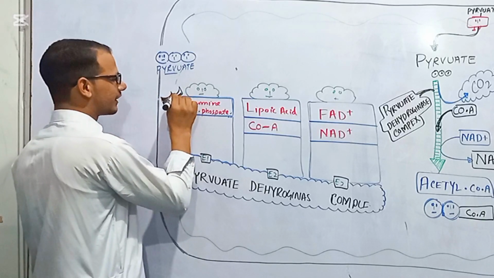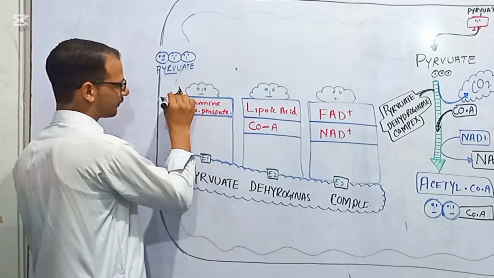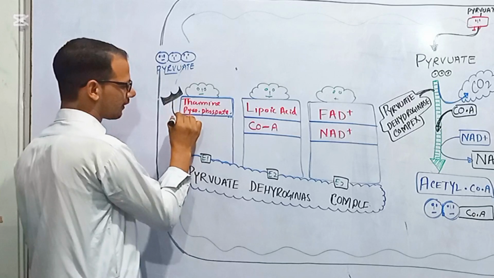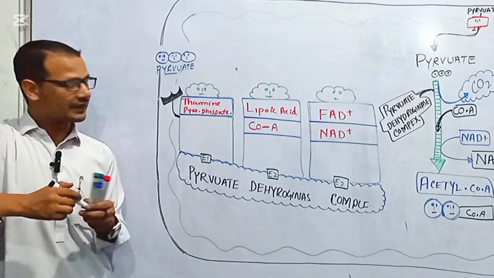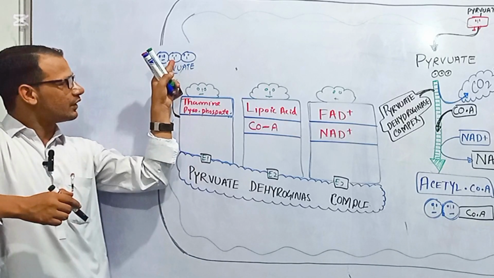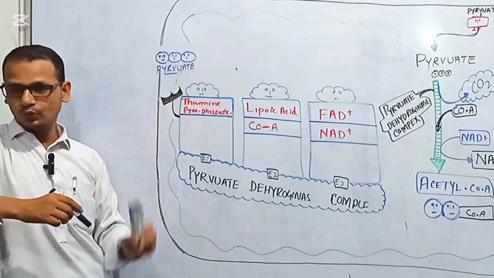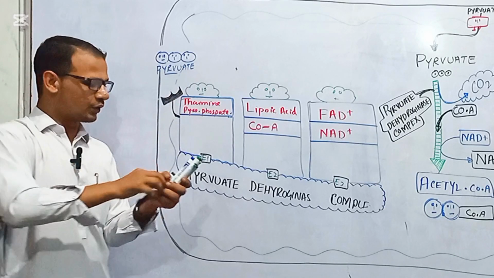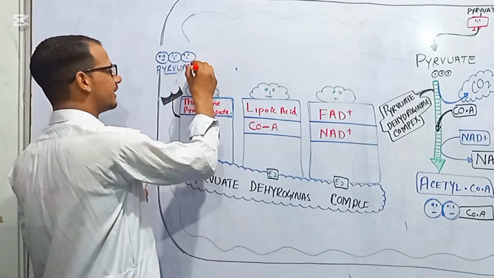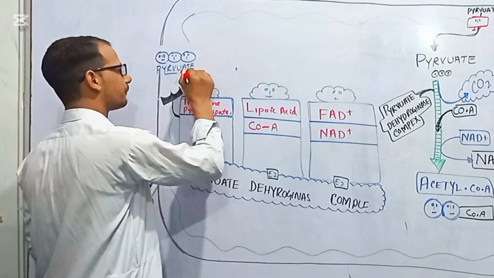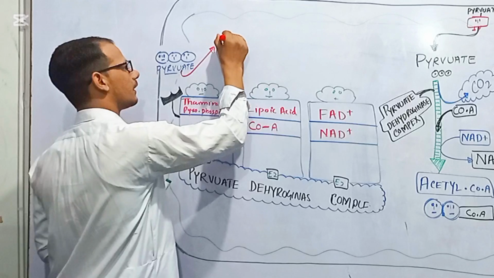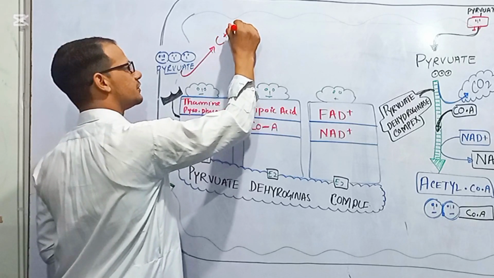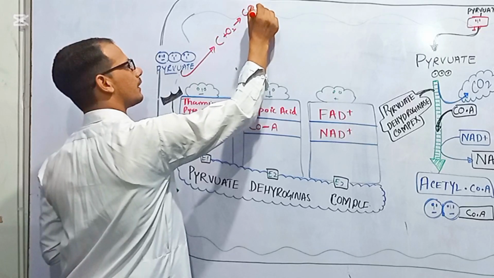Now pyruvate is requesting this enzyme for transporting to the matrix, right? But it is telling that I have only the capacity for 2 carbons. You have to lose 1 carbon, right? So pyruvate kicks out this 1 carbon and reacts it with oxygen and forms carbon dioxide.